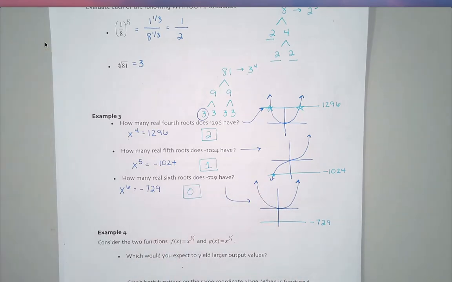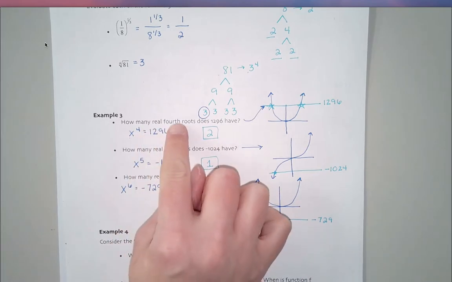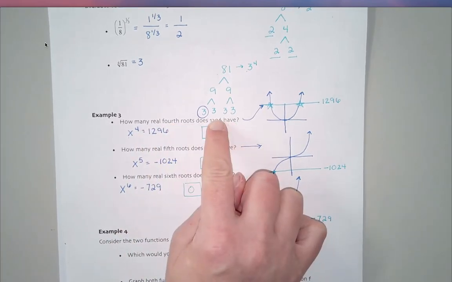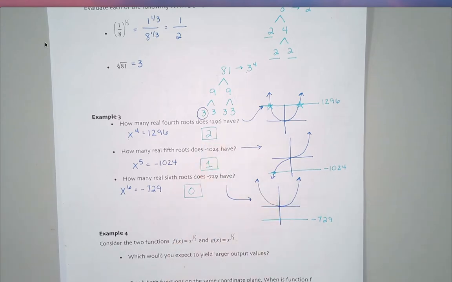Just to recap what we found: because this was an even root of a positive number, we had 2 solutions, a positive and a negative. Real quick, let's figure out what the answer is. This question didn't ask us to do that, but I'm doing 1296 to the power of 1/4, or the 4th root of 1296.